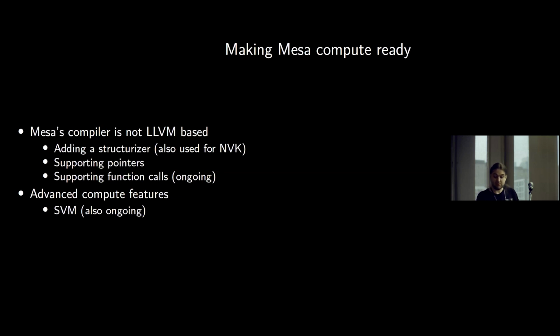So what we had to do is write a structurizer to translate the unstructured control flow you have to some kind of structured control flow shader or GPU code. The support for pointers was also pretty bad at the time. So we actually had to do major reworks to the internal compiler to make this all work.